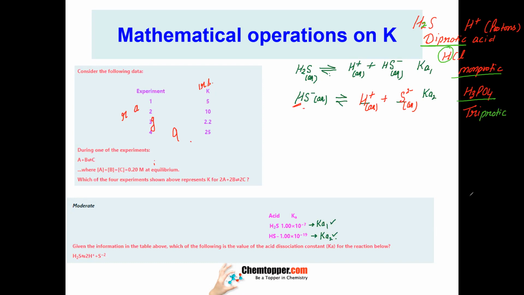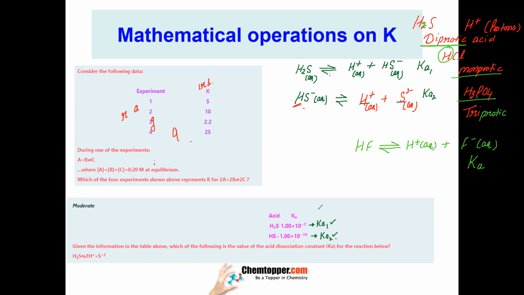For example, HF is a monoprotic acid. So when it dissociates, it will give you H plus and F minus. And it has only one equilibrium constant value, Ka, only one, because there is only one proton.